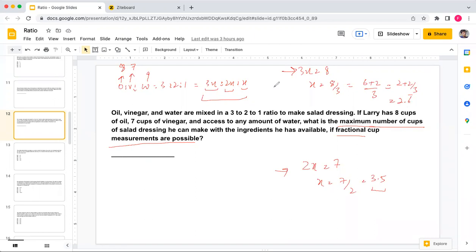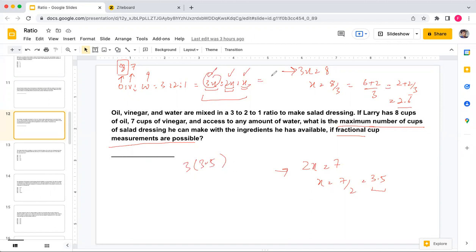If I take 2.6, I could have all of these present. But if I take X as 3.5, I could have this present, this, but this is not possible in that scenario. For that, I need to have 3 into 3.5 of oil, which is not possible. We have maximum 8. That's why we will take the minimum value of X so that all of these are possible.